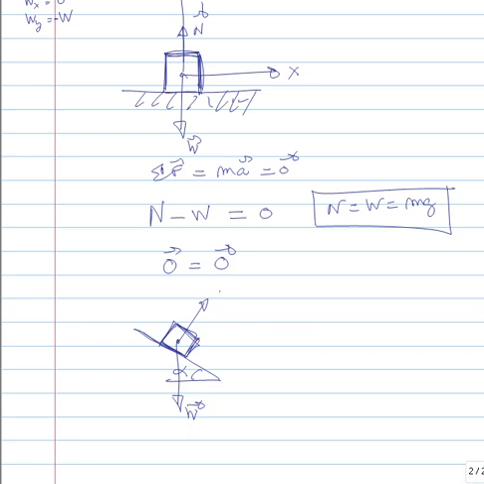Therefore, N is perpendicular to this, right here. Is there any other force? Let's imagine there isn't any. So we know from a physical point of view that most likely, if there is no friction, the object is going to slide down. So it's going to move somewhere in this direction.